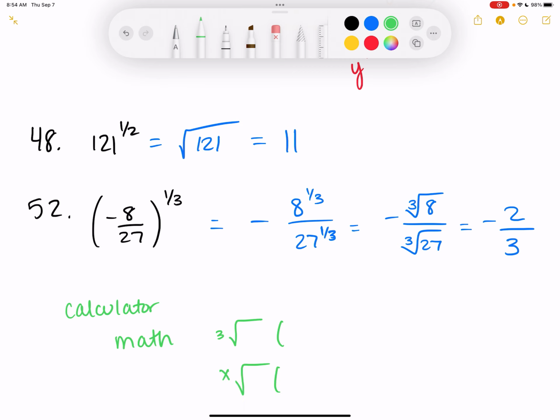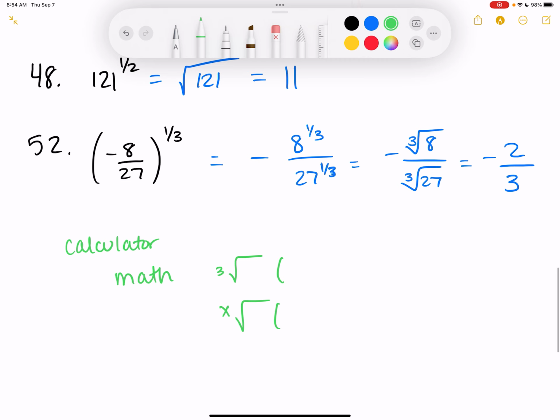This allows you to choose any root that you want. So this can be any number. You could have the 100th root of something if you wanted. I just like to point that out because, one, if you ever need it to check something, it's there, and then also potentially on an ACT, SAT, something like that, it could be helpful to know what that is. Anyways.